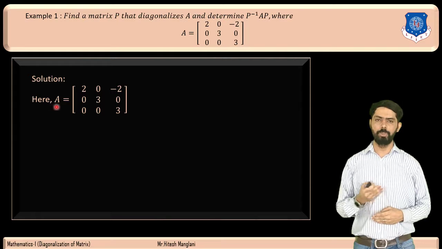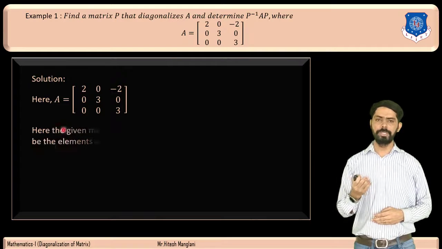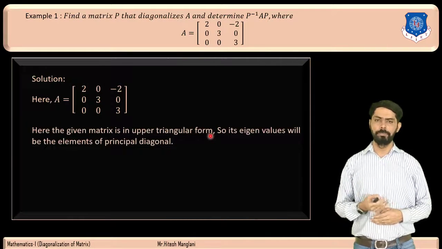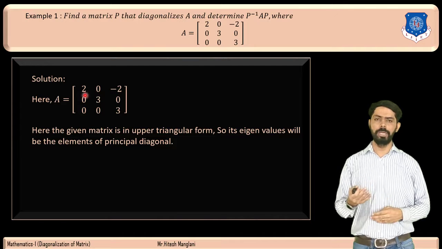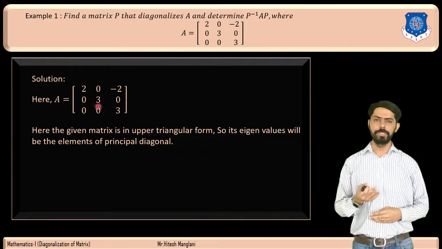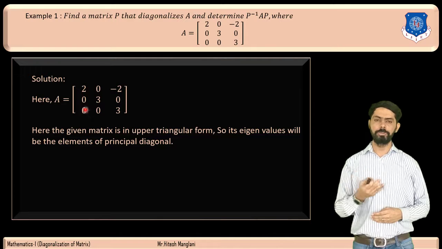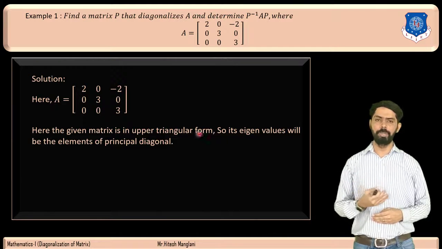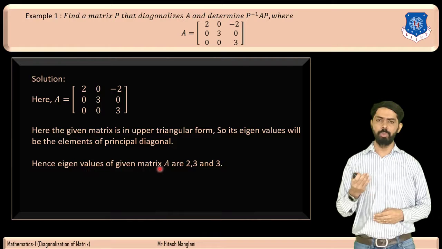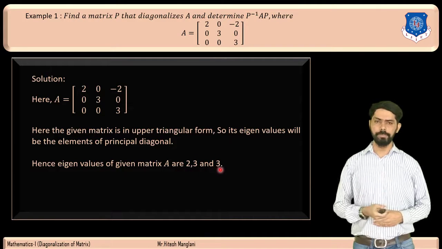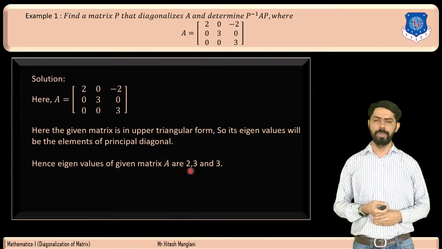The given matrix is in upper triangular form, because all the entries below the principal diagonal are 0. So its eigenvalues will be the elements of the principal diagonal. Eigenvalues of the given matrix A are 2, 3 and 3.